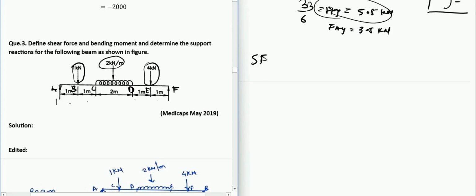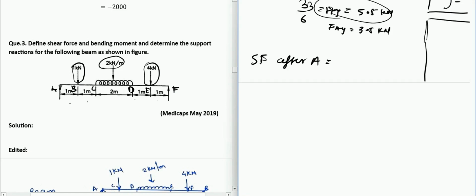So I will calculate shear force after A. The sign convention for this is: whenever you are considering forces on the left side of the cross section, you need to consider upward forces as positive and downwards as negative.